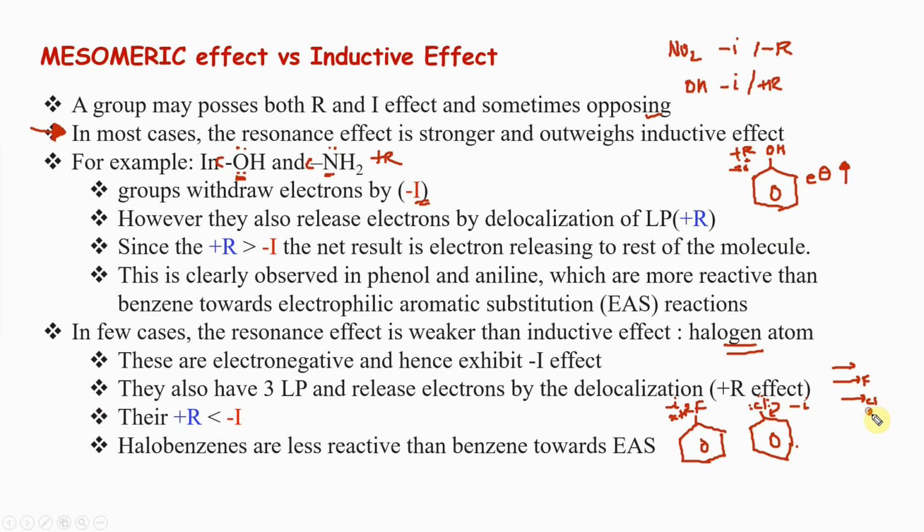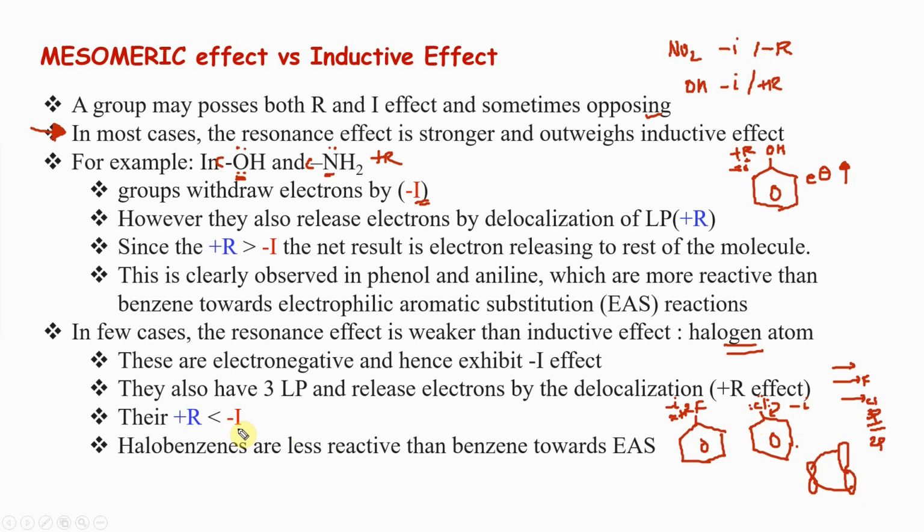So the lone pair of electrons on chlorine are in 3p orbitals. Carbon is a 2p orbital. Imagine a 2p and a 3p overlapping, it is not effective, they need to be the same size. Because of that it's not a very strong plus R. Minus I is the same as nitrogen for chlorine, but the plus R is not strong.